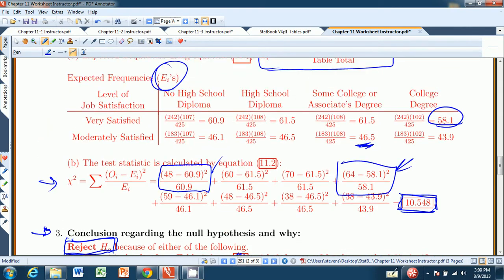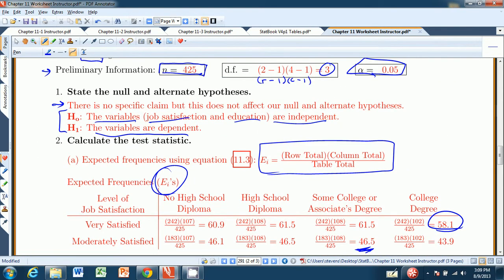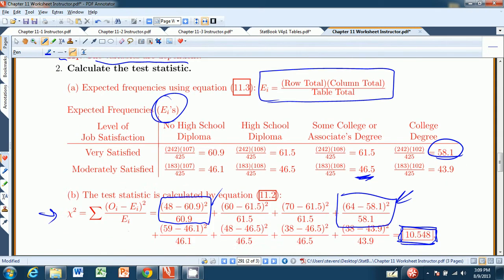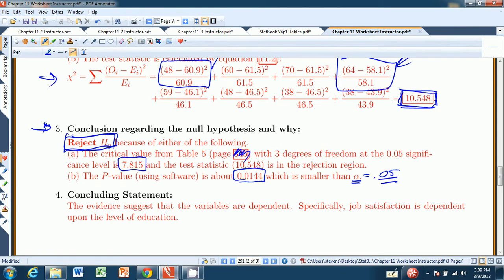So what that means, we go up here, if we just take a look at the null hypothesis is that the variables are independent. And we're rejecting that claim, or that hypothesis, that they are independent. So that's good for our alternate hypothesis. It says the evidence suggests that the variables are in fact dependent. Right?